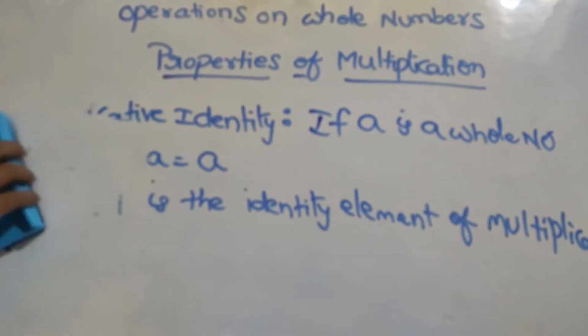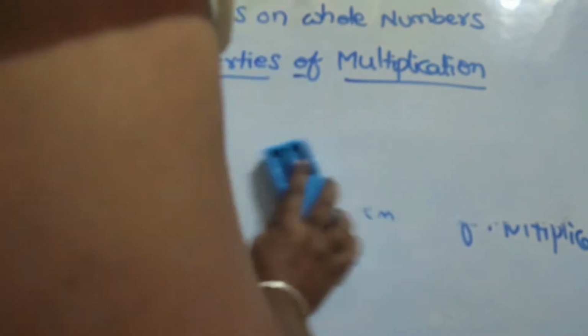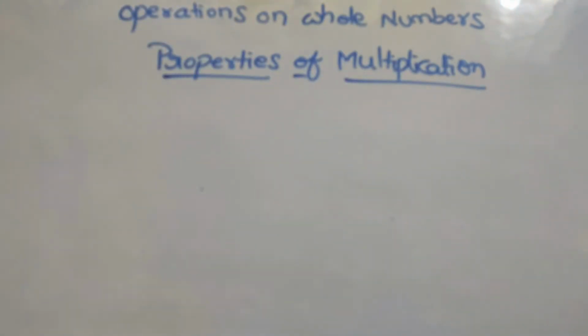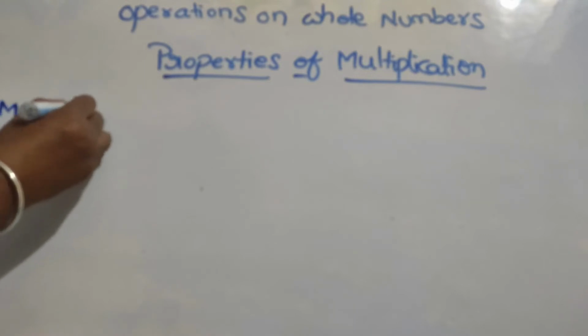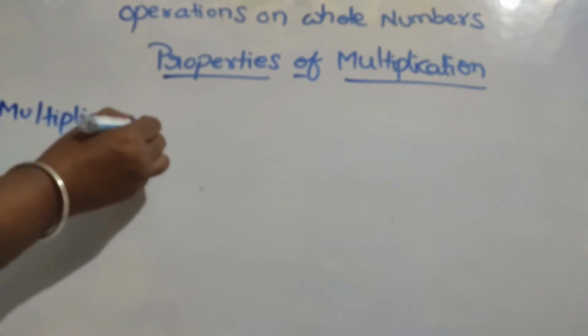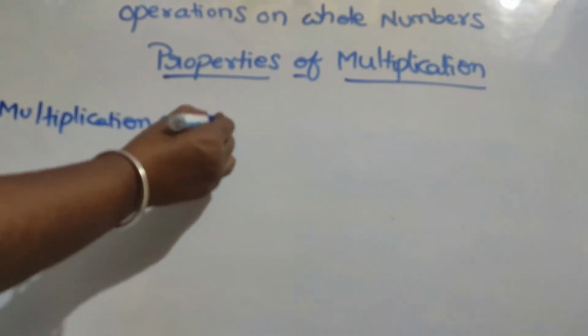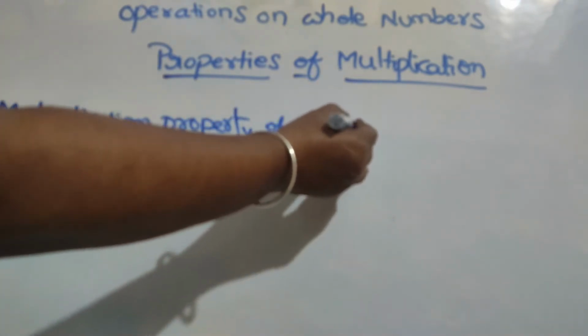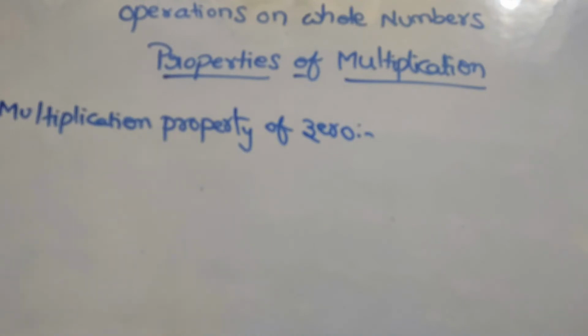So now the next property, the multiplication property of 0. If you multiply any number with 0, you get 0 as the answer.